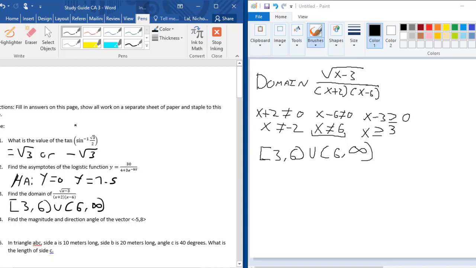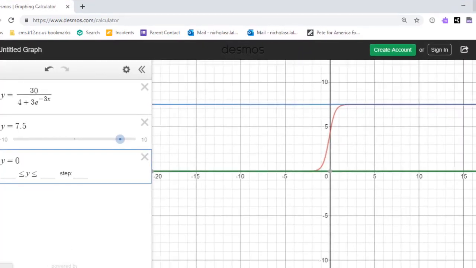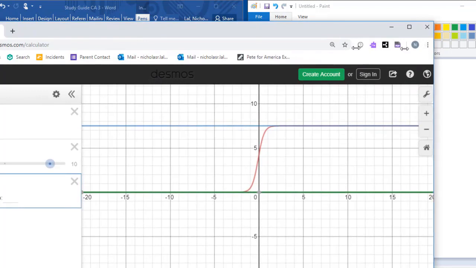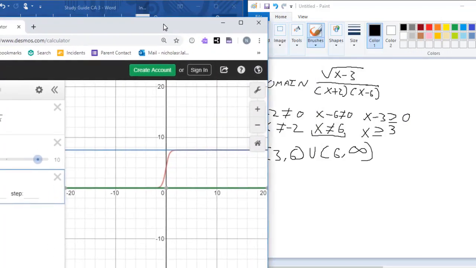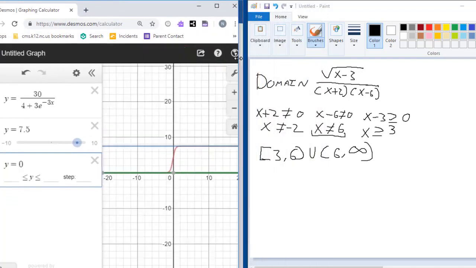While I'm showing this graph on Desmos, if anyone has any questions at all about this type of problem, you can look at the scratch work here.